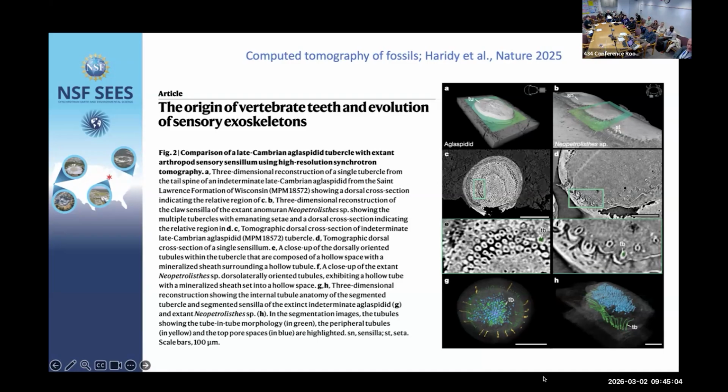She did an X-ray tomographic study comparing those fossils to a variety of other fossils, including some modern arthropods, and demonstrated with detailed analysis of the internal structure that those things being called teeth or early teeth-like features weren't teeth at all. They were just some sort of other sensory organs, more like what you see on crabs and other arthropods. So through this study, she pushed forward the earliest evidence for the development of teeth in vertebrates: not the Cambrian, but now the Middle Ordovician.